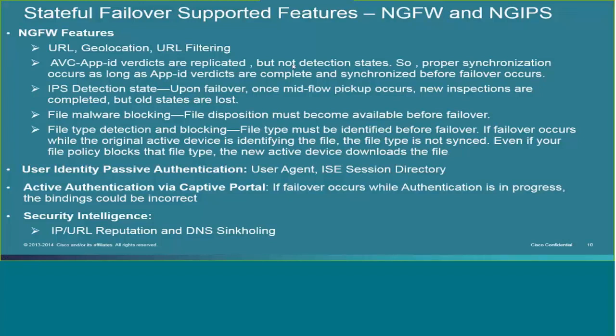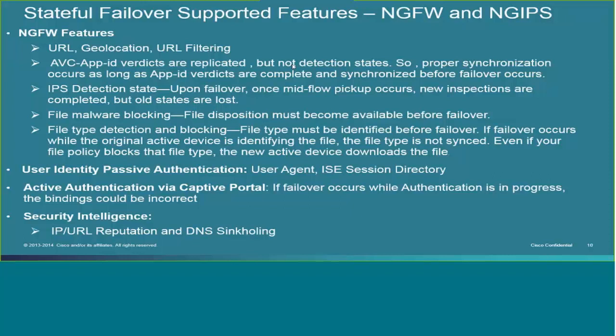consider certain traffic is coming to the firewall, and the firewall is yet to decide the application name for that particular traffic. If a failover happens before identifying the application, the other unit will not be able to detect the app ID because it has not seen the entire traffic, and across failover we only replicate the verdict.